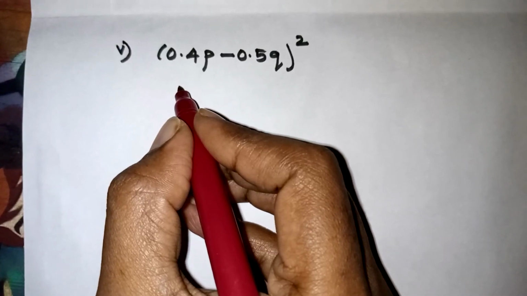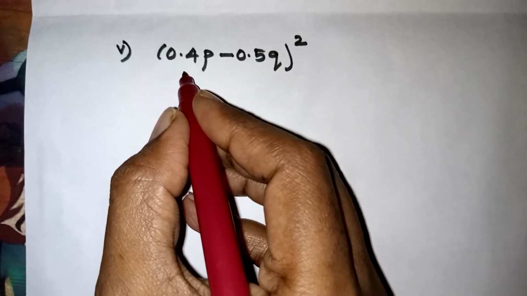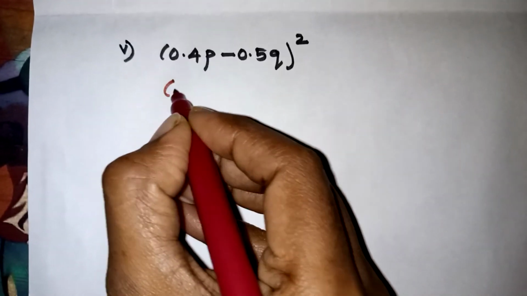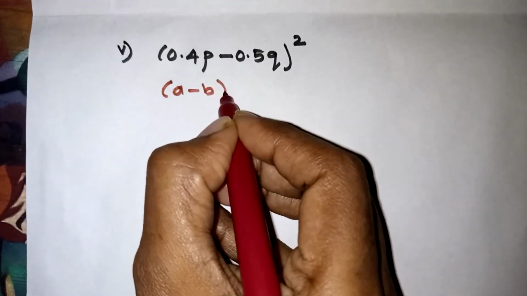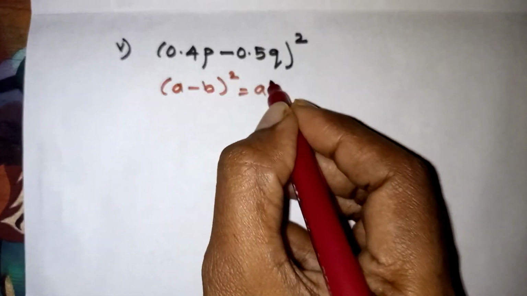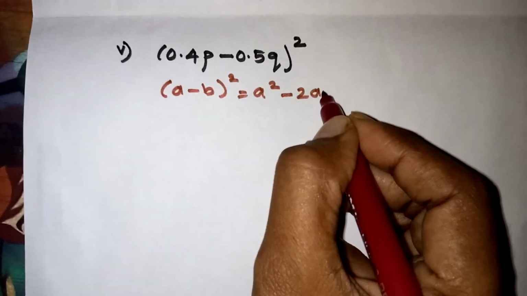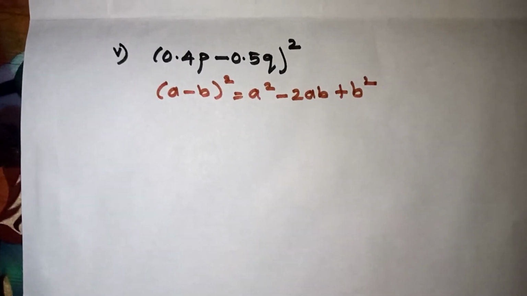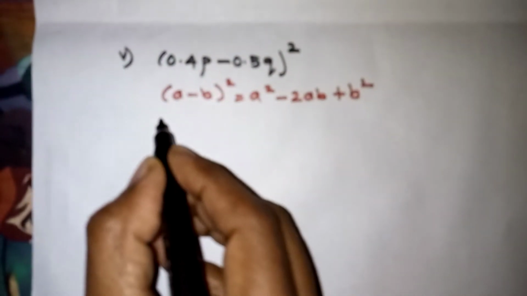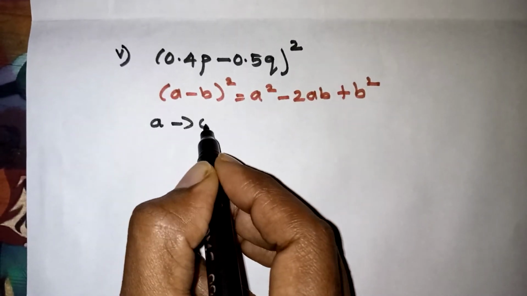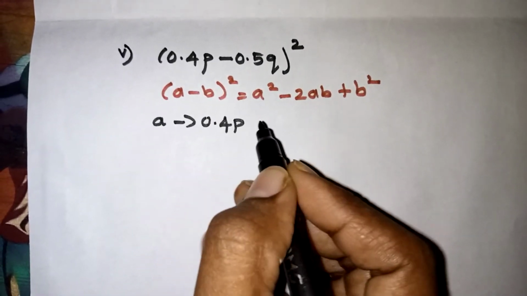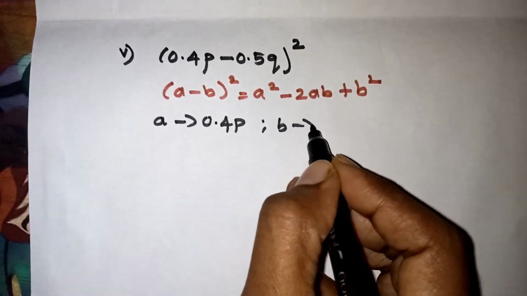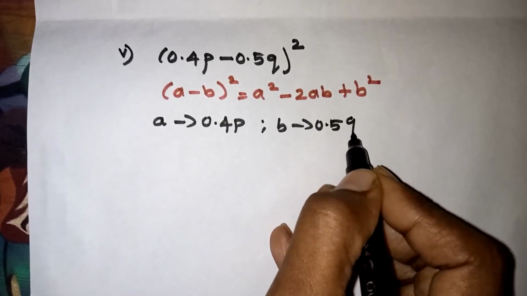Look at one more problem for better understanding. It looks like (a minus b) the whole squared. We know the formula: a squared minus 2ab plus b squared. Now here in the place of a we have 0.4p, and in the place of b we have 0.5q. Let us substitute.